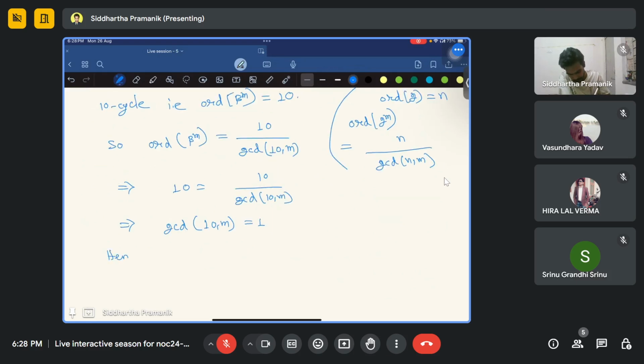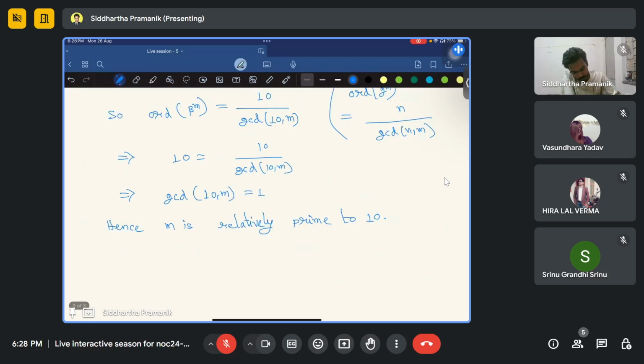Hence m is relatively prime to 10. So, for example, it can be 3, 7, 9, 11, 13, all these numbers which have GCD with 10 equal to 1.